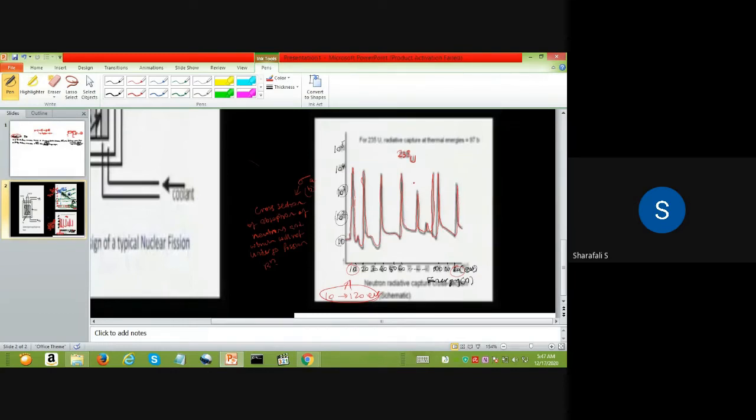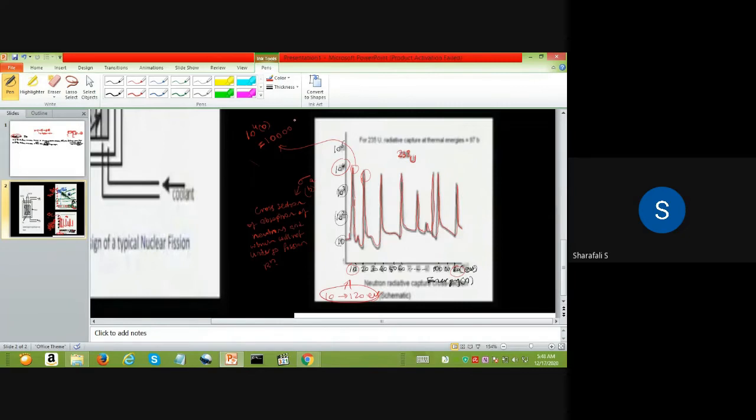Okay, so you can see that this peak here has 10 to the power 4 barns of cross section. 10 raised to 4, this peak I'm saying. So 10 raised to 4 barns of cross section, that will be equal to something like 10.